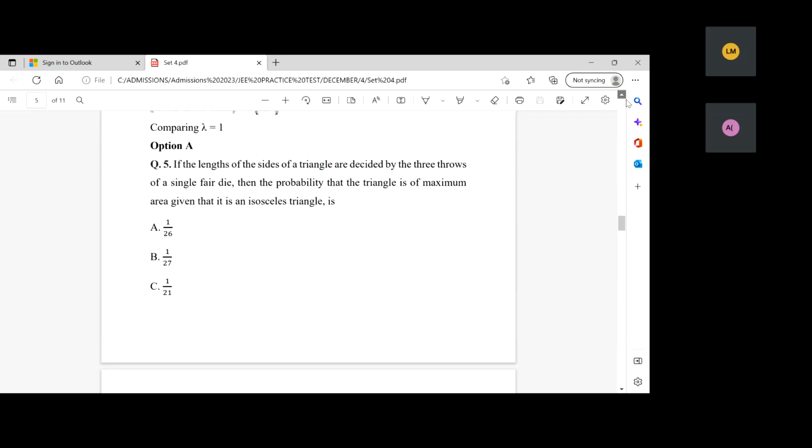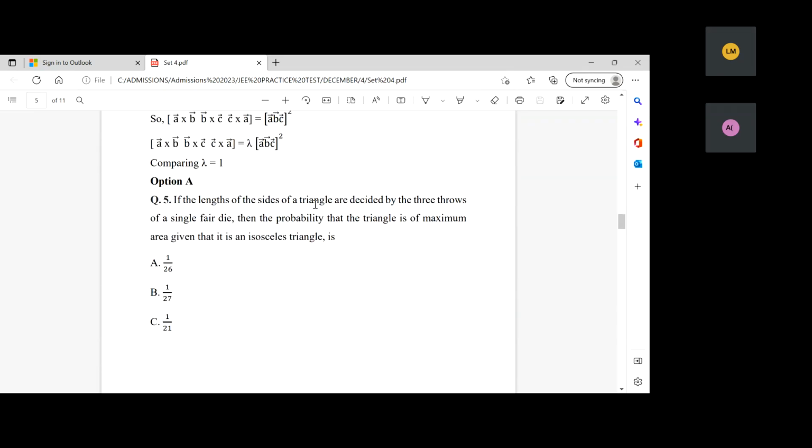Something which you need to think is the length of the sides of the triangle are decided by three throws of a single fair die. So you have three throws to decide on the three sides of the triangle. And it's asking us to find out the probability that the triangle is of maximum area, and they have given us an isosceles triangle.